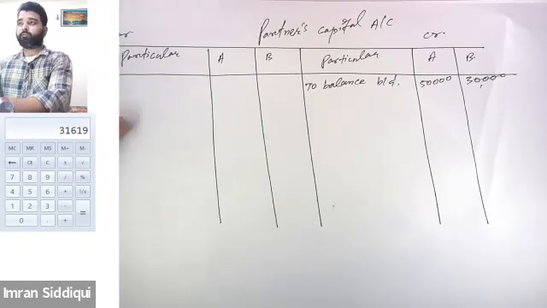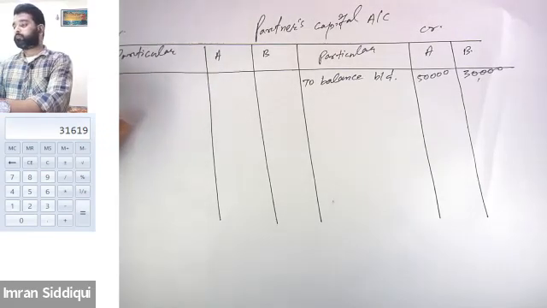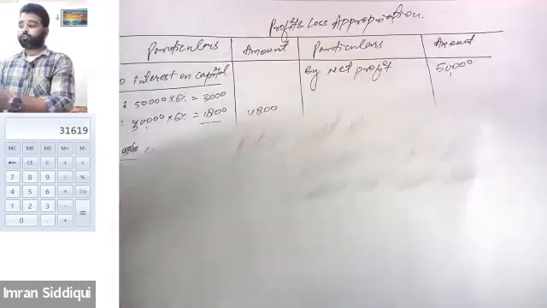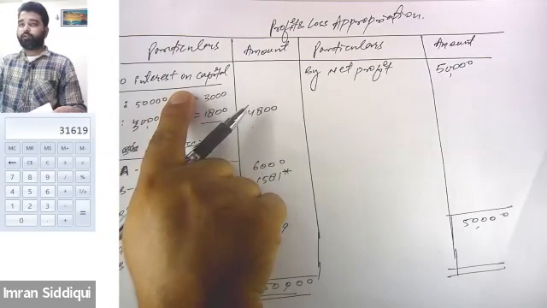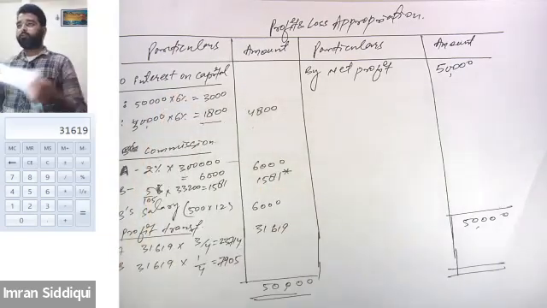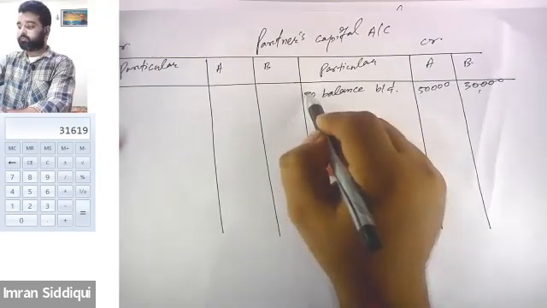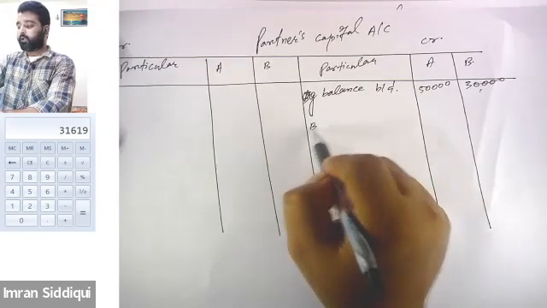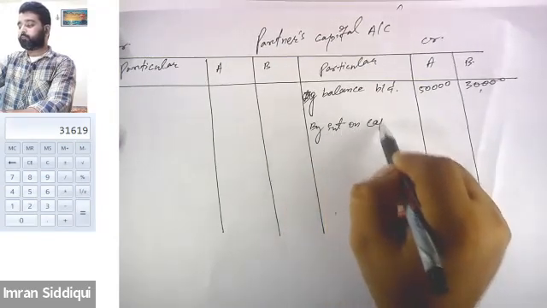Now we will come back to the P&L appropriation account and see what income is transferred to the respective accounts of A and B. We have given interest on their capital to partners A and B. So we will go to the partners' capital account, and write down by interest on capital.